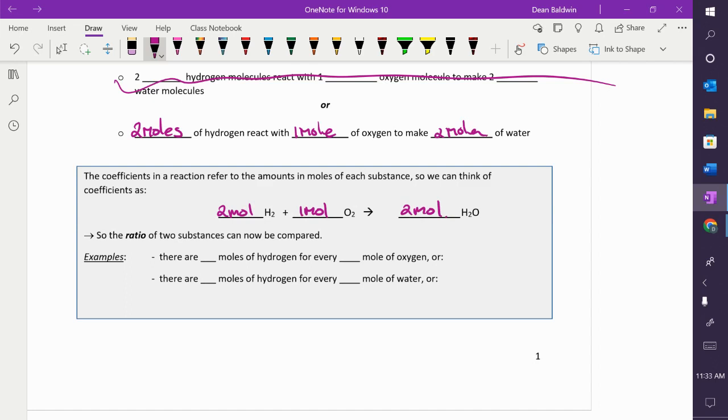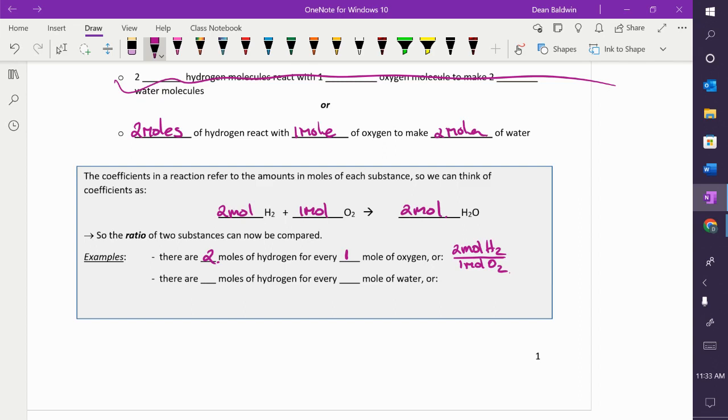We know there are 2 moles of hydrogen for every 1 mole of oxygen, which means you can write 2 moles of H2 for every 1 mole of O2.